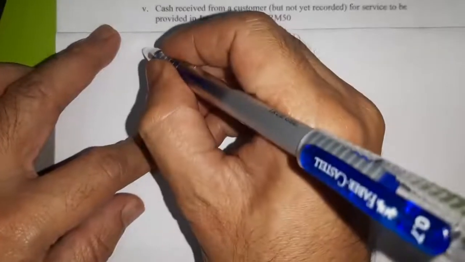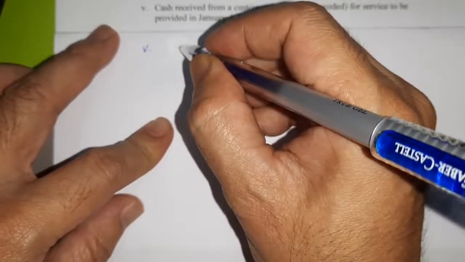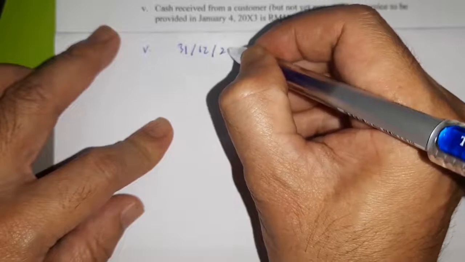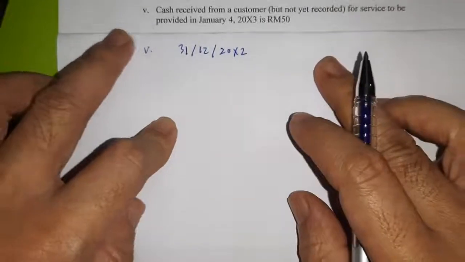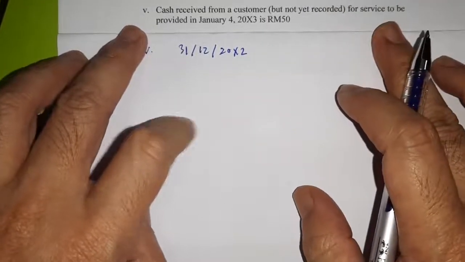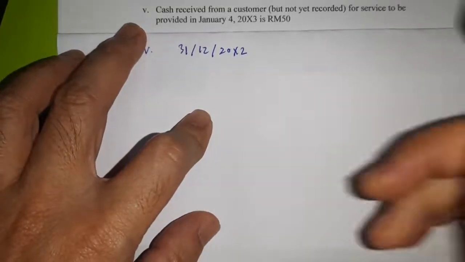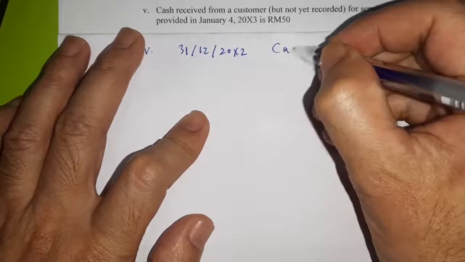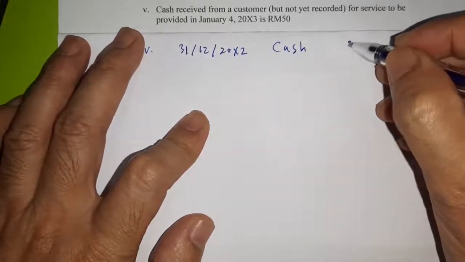So the adjusting entry is like this. The date is 31st of December 2000X2. You have to record the cash in because the business has received cash from the customer. So cash increases. So debit account cash. The amount is $50.